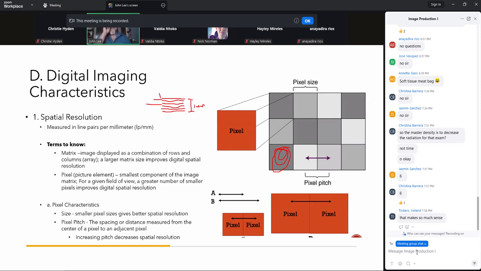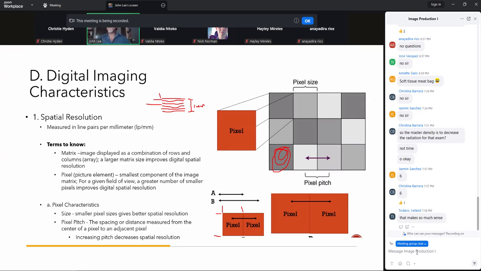Okay. Now, moving into our pixel characteristics. We've looked at this already, but remember, the pixel size is its length and its width. Okay. The smaller those are, the smaller the pixels are.